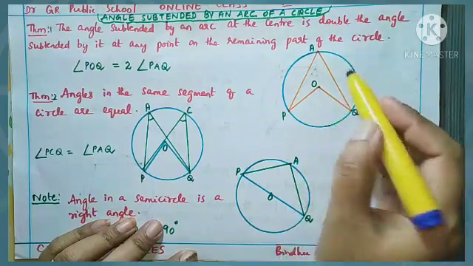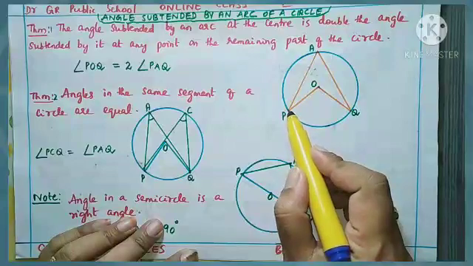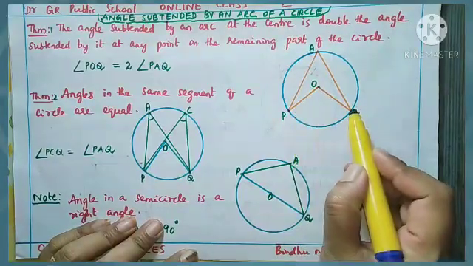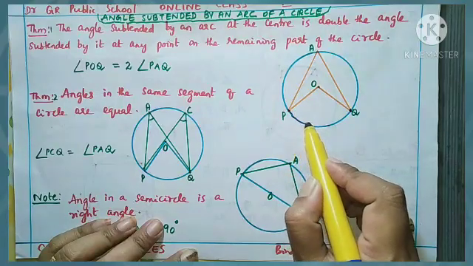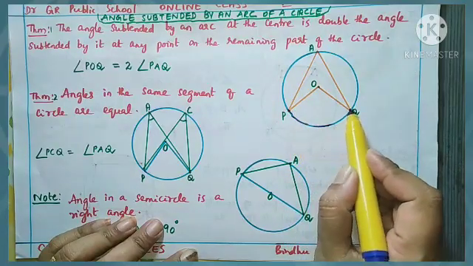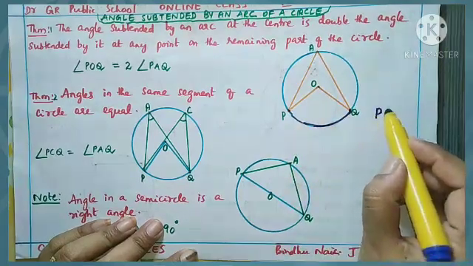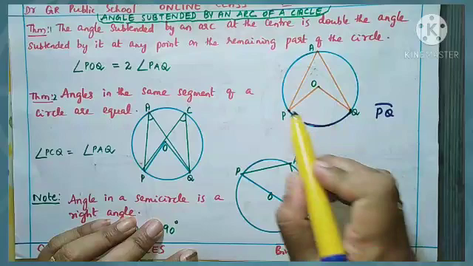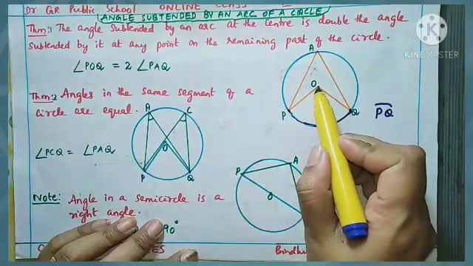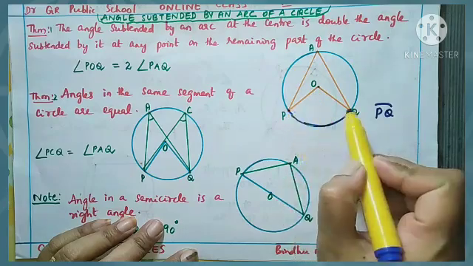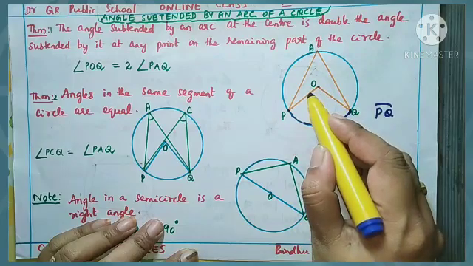Here you can see a circle, and on the circle there are 2 points, P and Q. So this arc is the arc discussed in the statement of the theorem, arc PQ. This arc is subtending an angle at the center. So PQ is making an angle at the center. This is the angle.